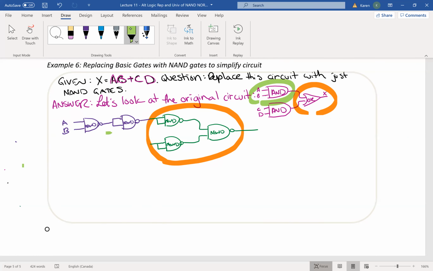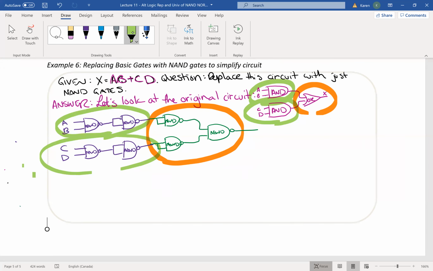So that's this one. And then, of course, this one is going to be the same, right? So let's draw it again. But that one has C and D going into it. So now I've answered the question.